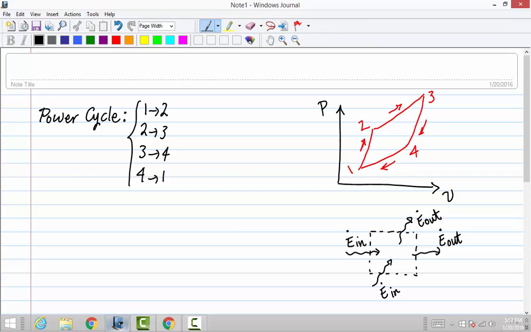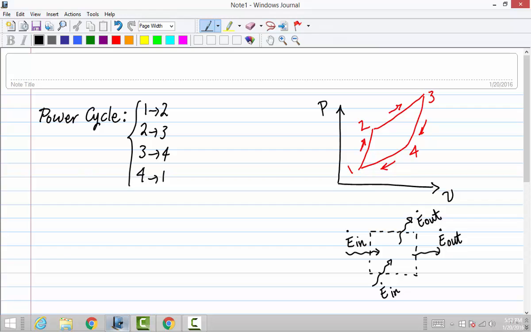Okay, so as we know, a cycle consists of different processes or different paths. For instance, here we can see the cycle 1, 2, 3, 4, 1. This is a cycle, and in different cycles, the initial and final states will be the same.